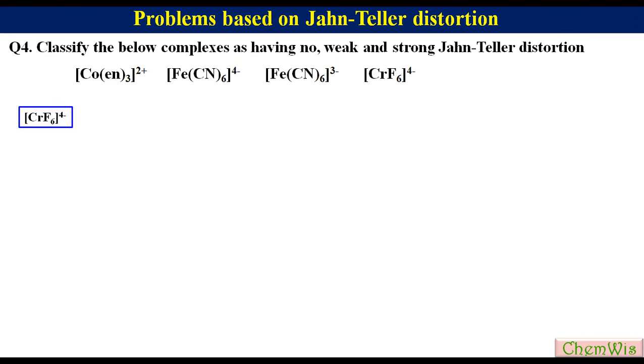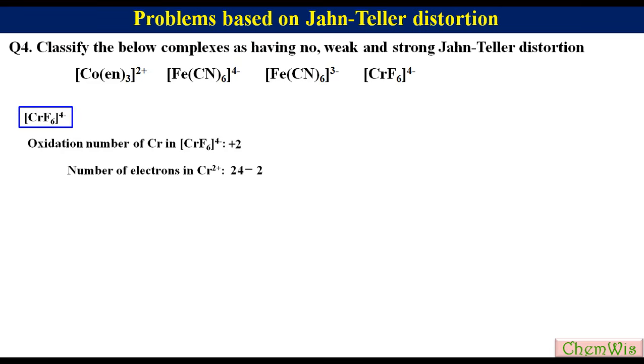[CrF6]4-. The oxidation number of chromium in this complex is +2. So the number of electrons in Cr2+ will be 24 minus 2, equal to 22, since chromium metal has 24 electrons and Cr2+ is formed by the removal of 2 electrons from it.